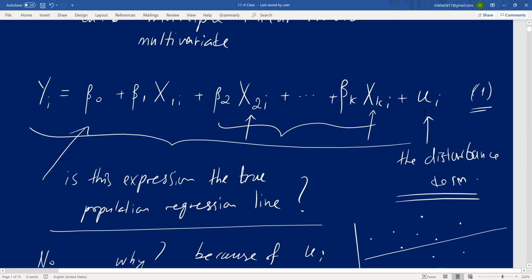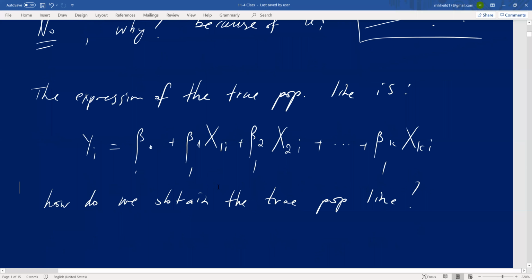How do we obtain the expression for the population line?